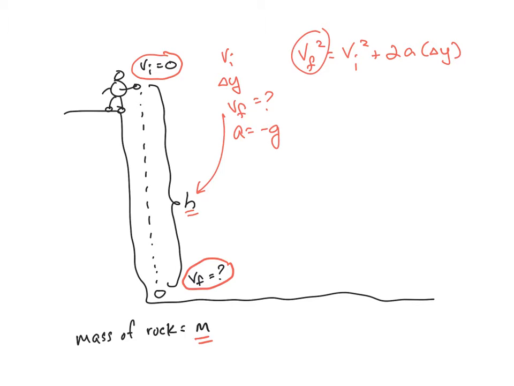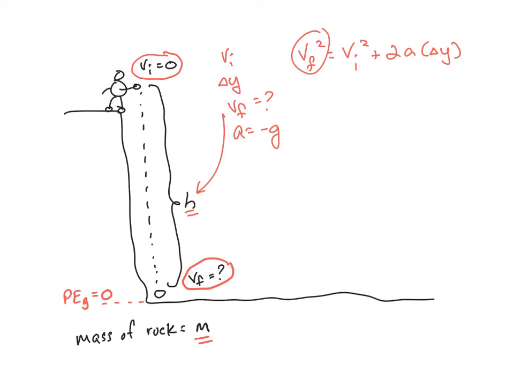So at the beginning of this problem, first of all, let's define where 0 is from a gravitational potential energy standpoint. And I always recommend putting 0 at your lowest point. So I'm going to say my PEG 0 point is at the bottom. Just before the rock hits the ground, it has no gravitational potential energy.